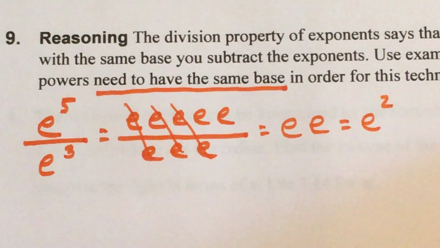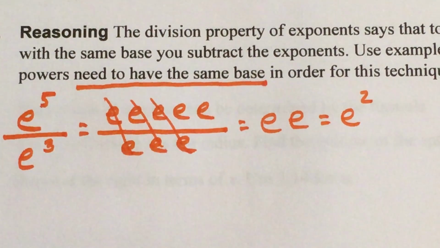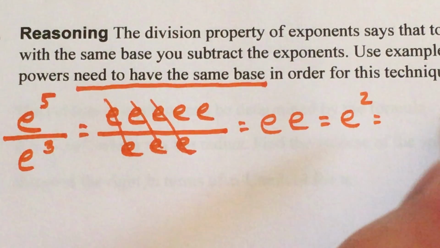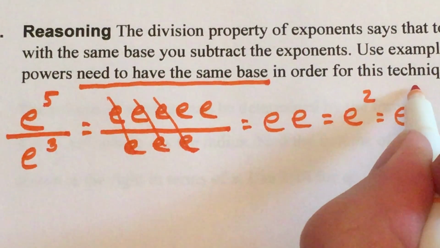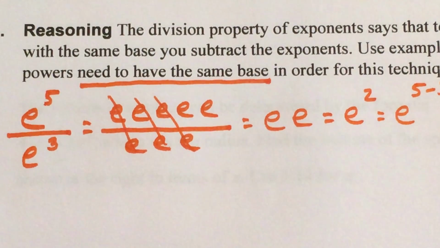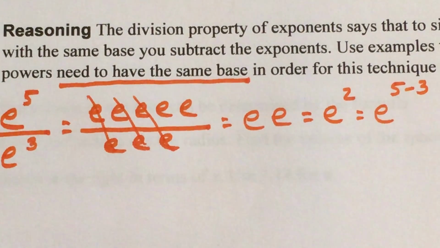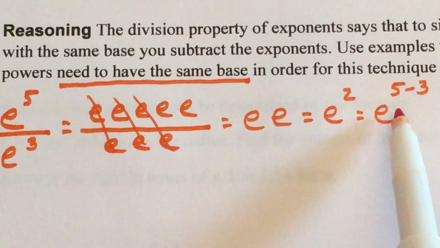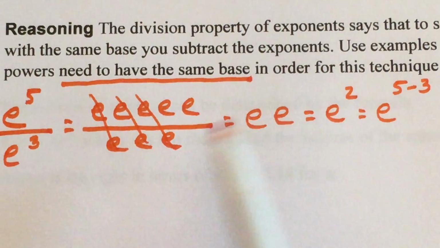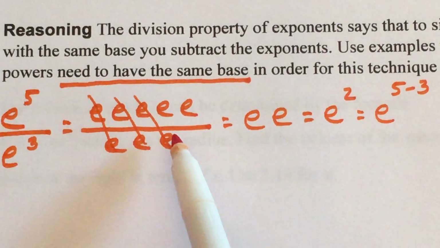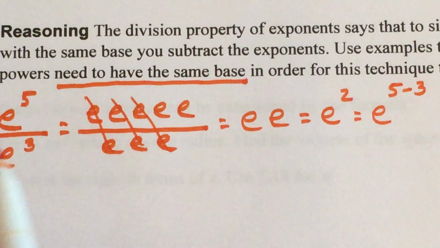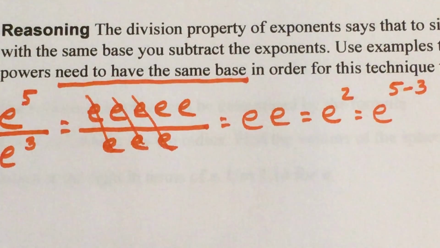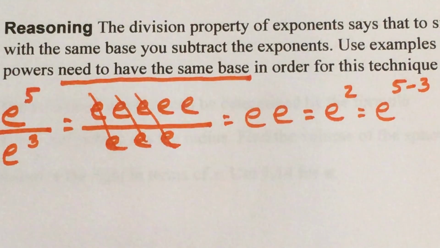And we know from the quotient rule that we could have, at the very beginning, just said e to the 5 minus 3 and gotten that e squared. All right. So this is the rule, and here we showed that it works as long as the bases are the same.